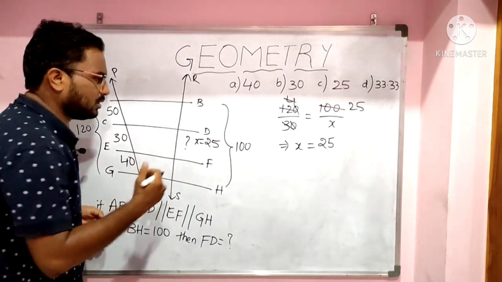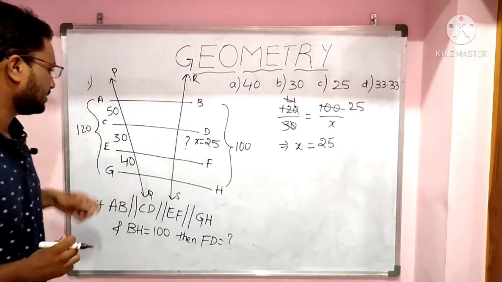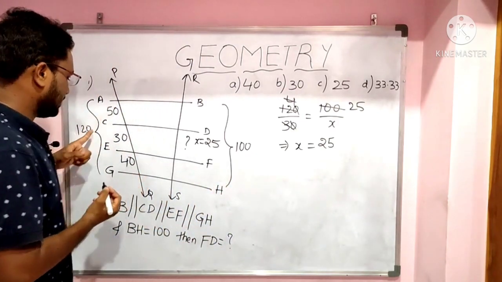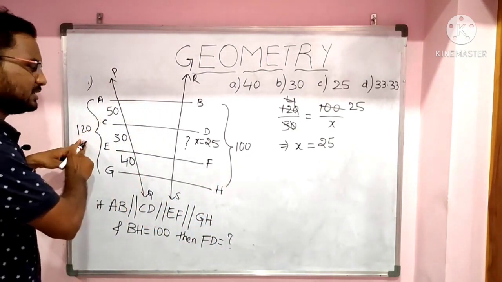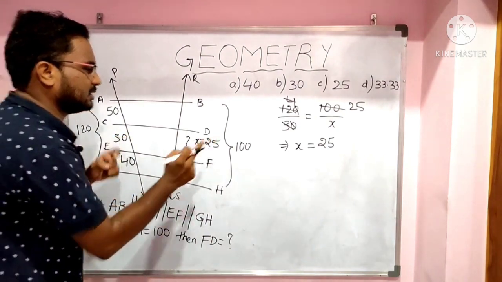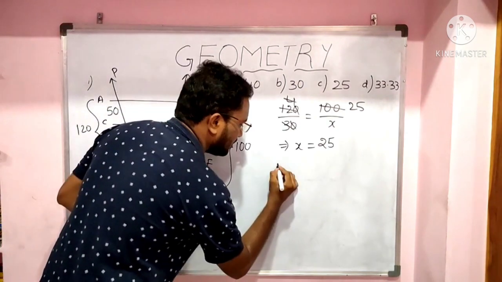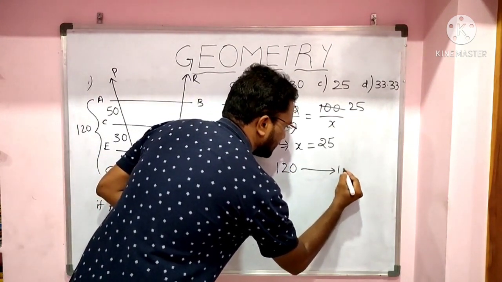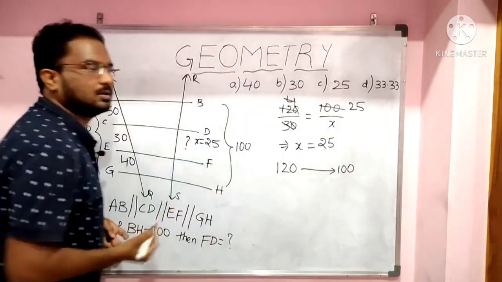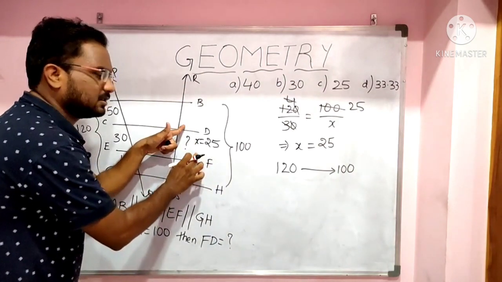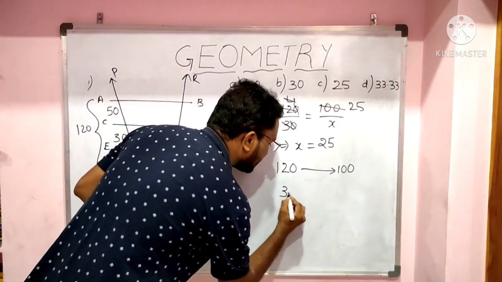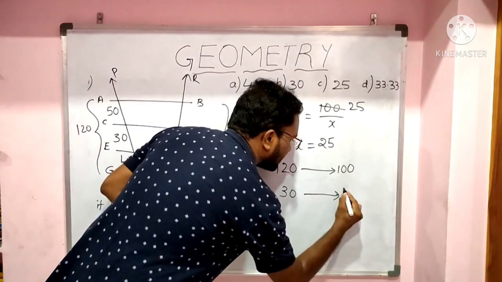If you want to make it faster, how should we do it? On this side 120 becomes 100 on that side. We need to find DF, whose corresponding side here is 30.